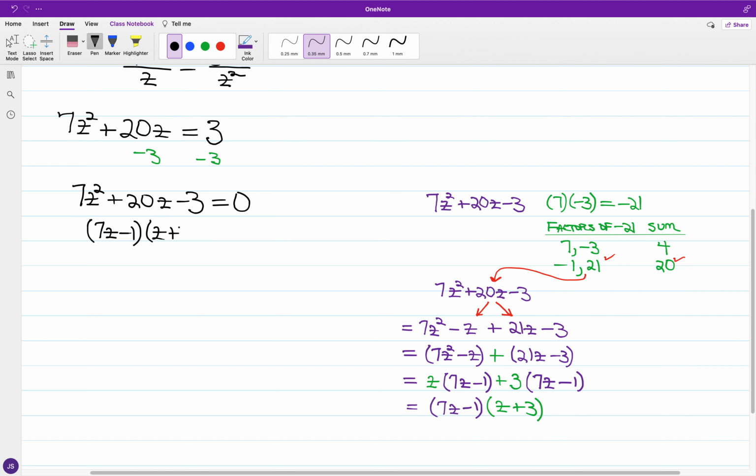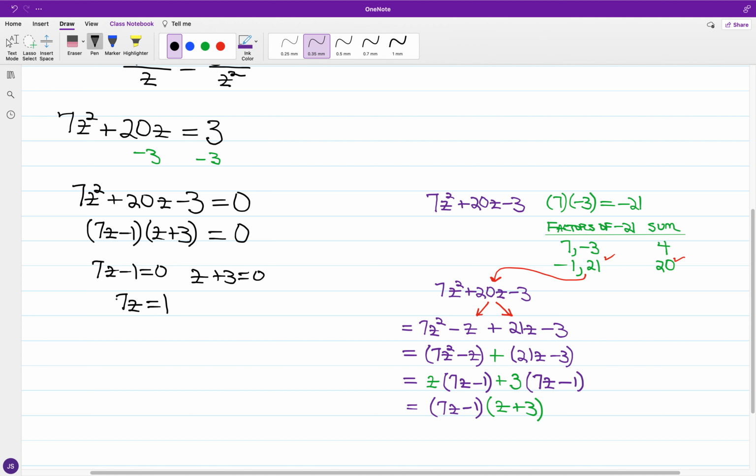We're going from factoring to utilizing the zero product property. So we have for this equation, these are our factors and utilizing the zero product property, I can set each of the factors to 0. So one potential solution is going to stem from taking 7z minus 1 and setting to 0.